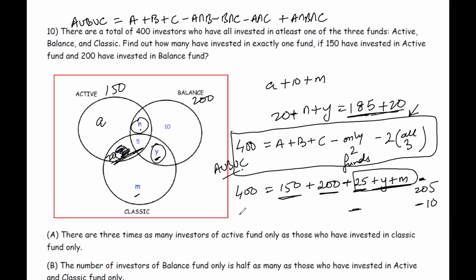So then what we get is 400 is equal to 350 plus 25 is 375. Yeah. Plus Y plus M minus 215. All right, so we're left with Y plus M again.